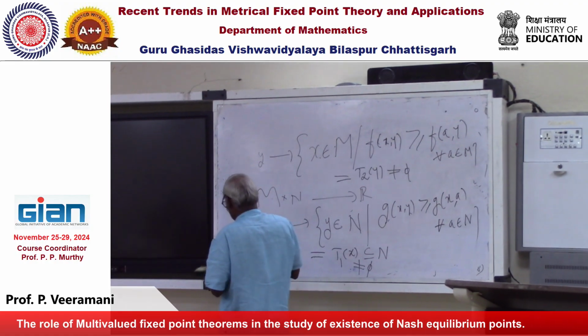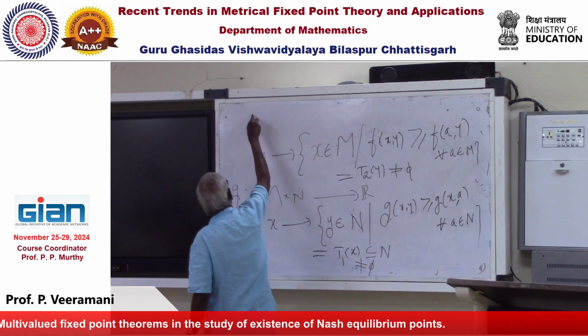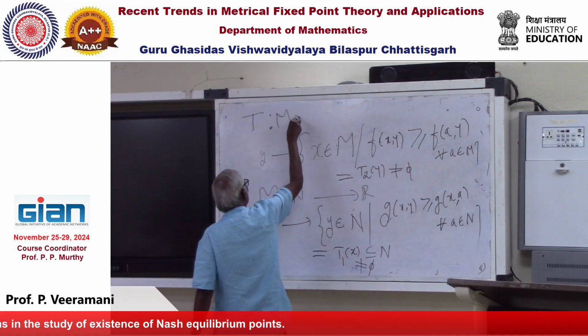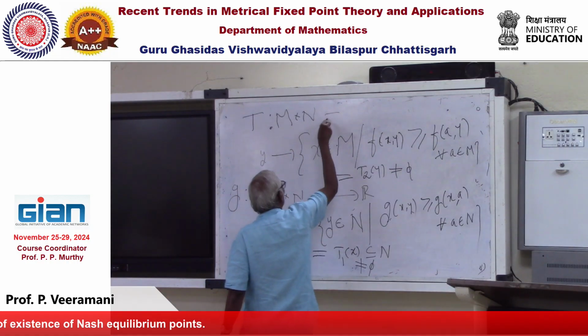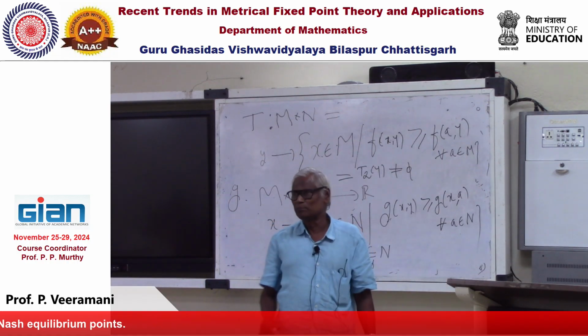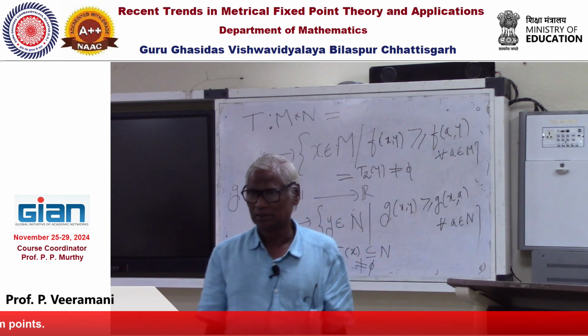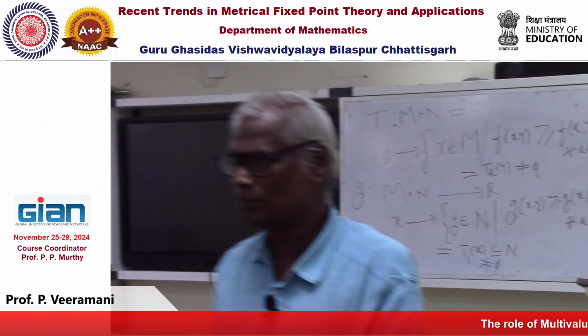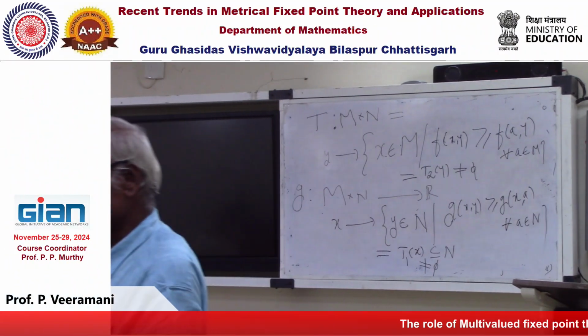So in a natural way, now define a function T from M cross N to M. M is a non-empty set of rules or strategy set for player 1, N is the strategy set for player 2.